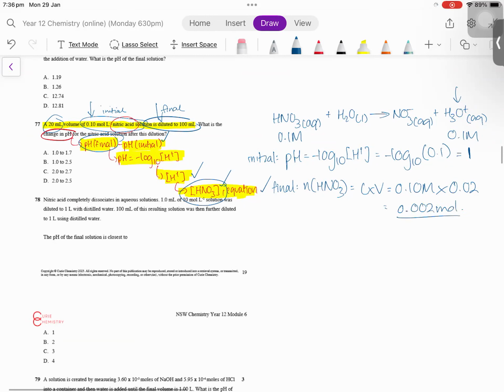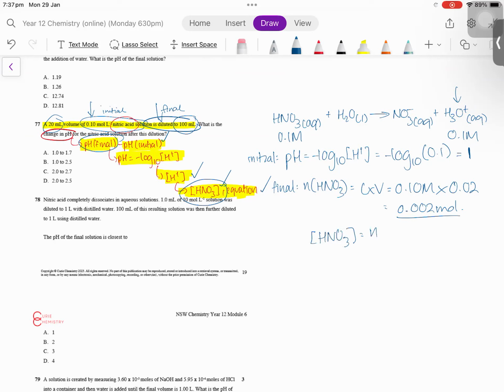So now that I'm keeping track of my moles, I need to watch out for if the volume changes at all. I've diluted it to 100 mils, but there's no dividing afterwards. They don't say I take 100 mils and then I only take 10 mils in the next sentence. So I don't have to worry about this 0.002 moles changing. So I'm confident that that's my final moles and I can use it to calculate my final concentration.